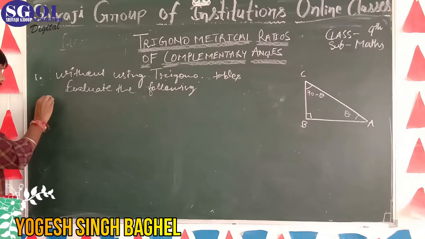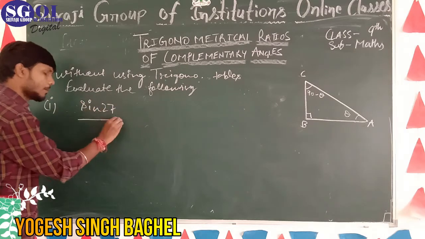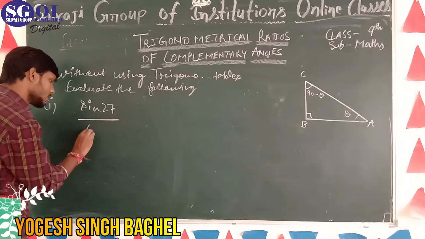The first one is sin 27 degree upon cos 63 degree.